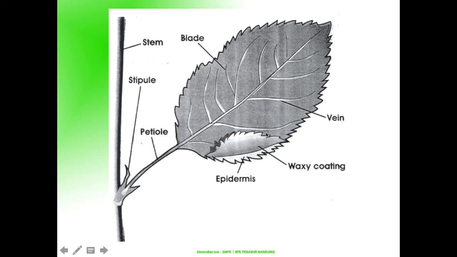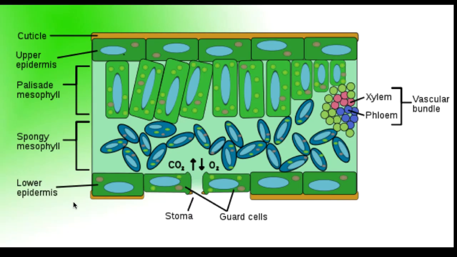Okay, you also see this part. It's like if it is peeled, then we have this called waxy coating. Waxy coating is the layer on the surface of the leaves that is made of wax, and it causes the leaf to have this glossy appearance. Petiole is the stalk of the leaf. This picture shows us the parts of a leaf.